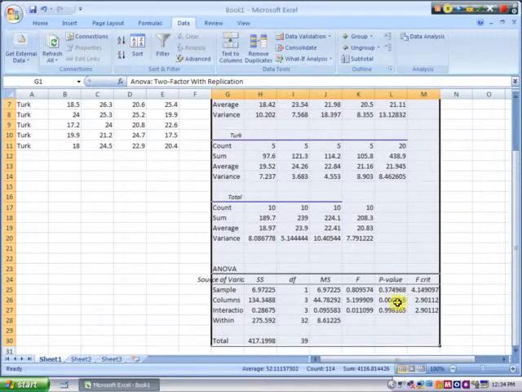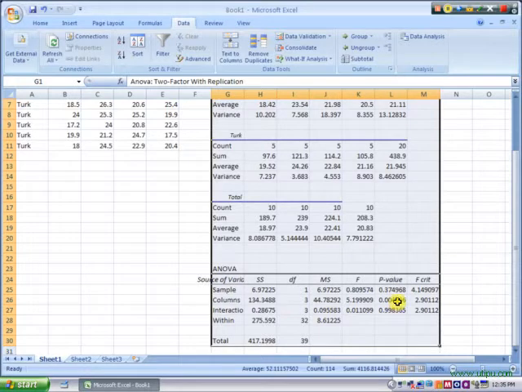This is the only place where the p-value is small. And remember, when the p-value is small, under 0.05, it means you reject the null hypothesis and you say there is a significant difference. So here in the sample or in the looms, p-value is large enough, we don't reject the null hypothesis. Interaction effect, saying nah, not really an interaction effect.